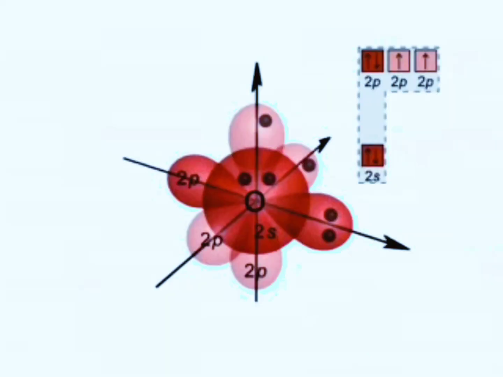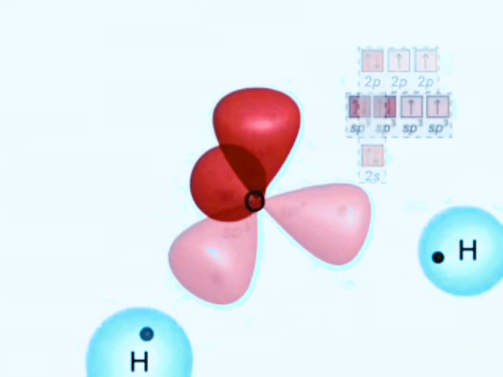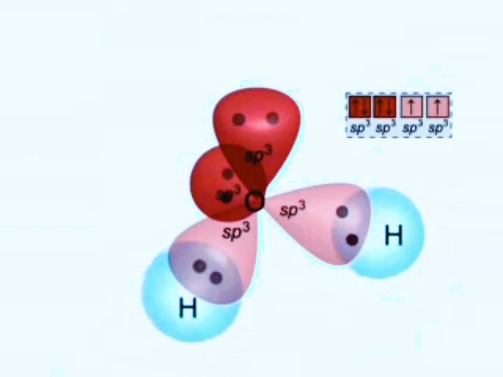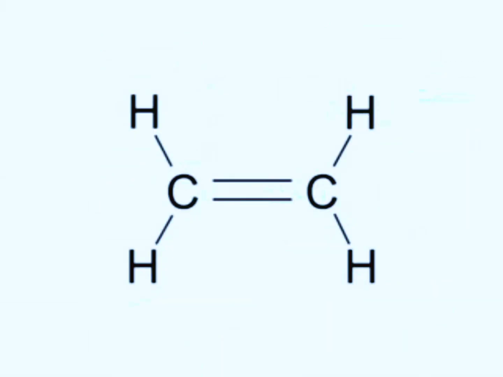In the water molecule, the oxygen has undergone sp3 hybridization. 2 of the sp3 orbitals are filled with lone pairs, and the H atoms overlap the other 2 to form 2 OH bonds.